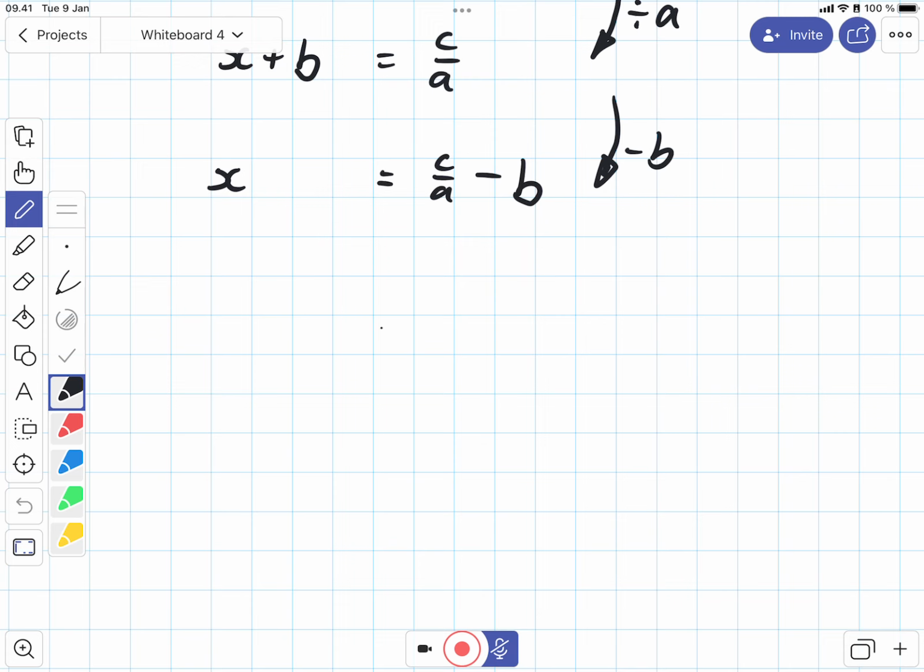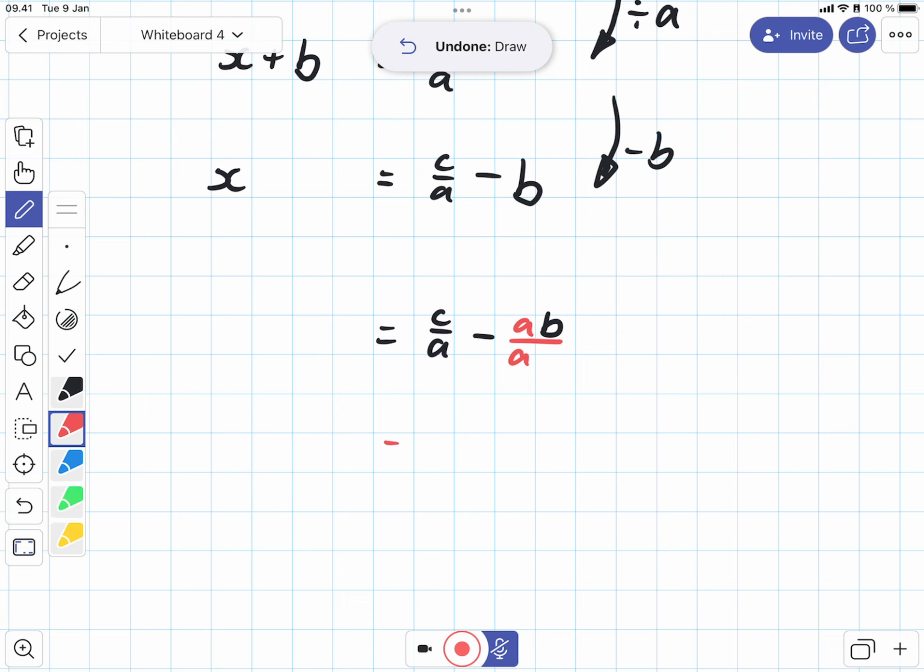I could also express that as a single fraction. Remember, when you add and subtract fractions, they've got to have the same denominator. So instead of that b, I'm going to write that b as ab over a. I'm just multiplying it by a over a, which is just like multiplying it by 1. So it's not really doing anything, but it's expressing it in a different way so that it's a fraction with the same denominator as the other fraction.